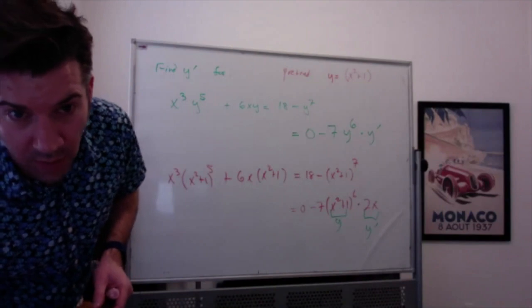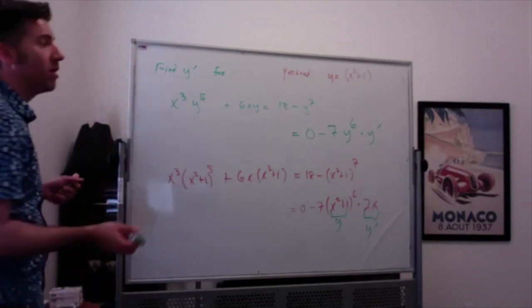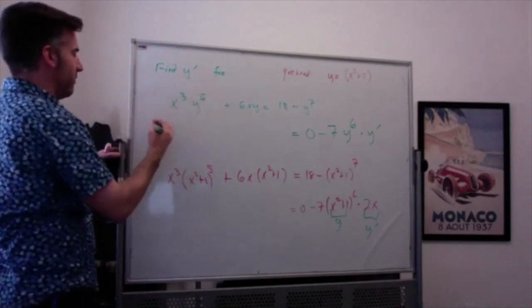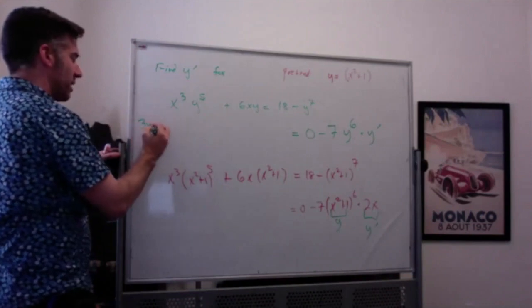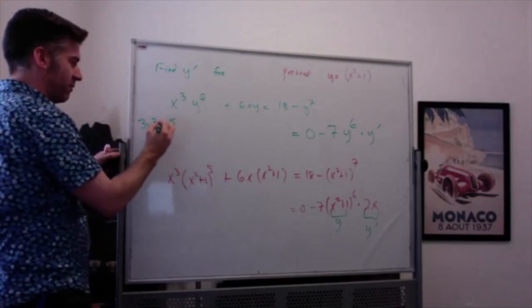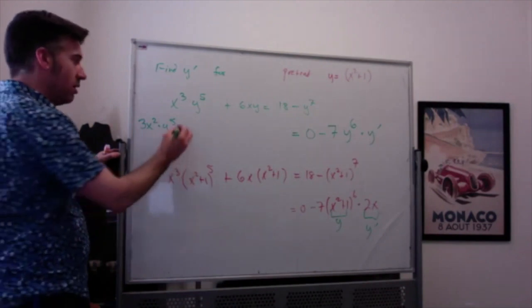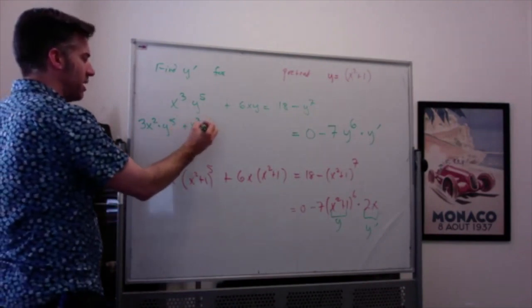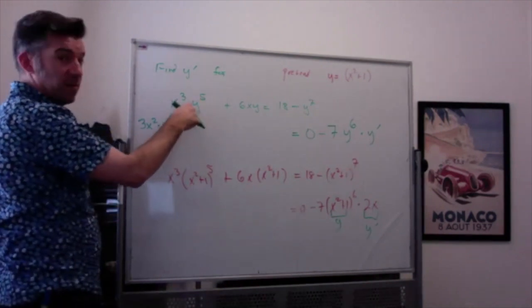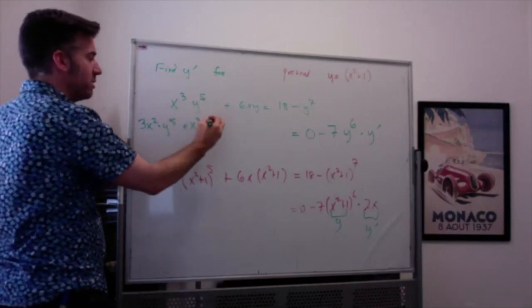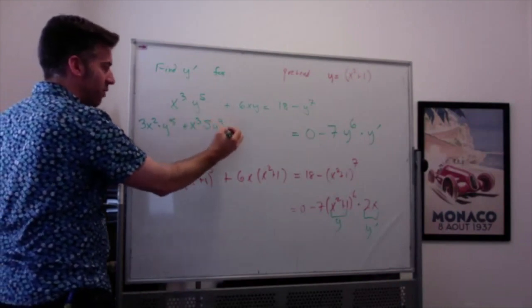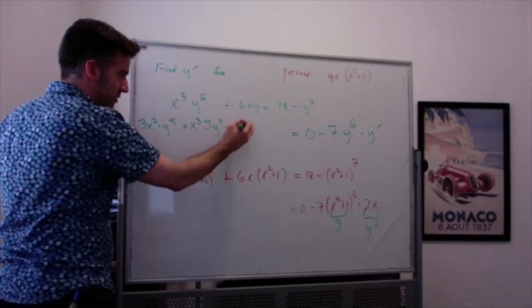Okay, so I guess we should finish this problem, even though I don't really want to. The derivative of x cubed y to the 5th is going to be 3x squared times y to the 5th, the first half of the product rule, plus x cubed times, the derivative of some stuff to the 5th power, which is 5 times my stuff to the 4th times the derivative of that stuff.